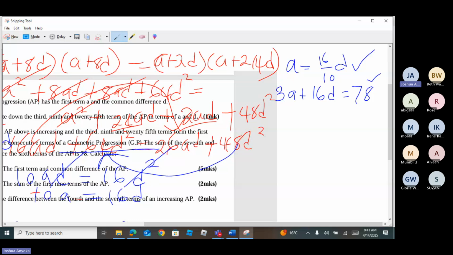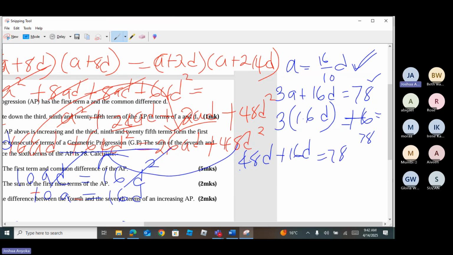Now substitute the value of A in this expression. So we have 3A. But what is A? 1.6D. Plus 16D is equals to 78. So 1.6 times 3 is 4.8D plus 16D is equals to 78. This gives us 20.8D is equals to 78.